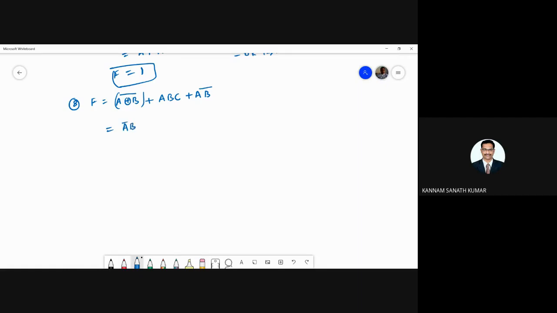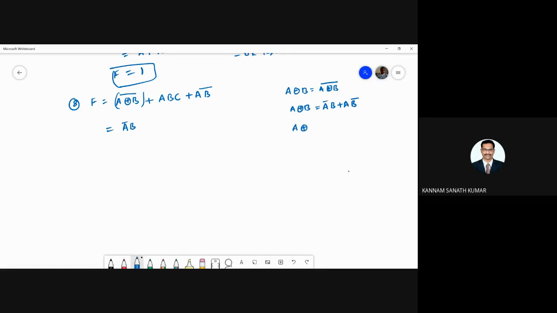So A XOR B, how you can write A XOR B whole complement. So that means complement of XOR is nothing but XNOR. So what is A XOR B? A XOR B equal to A bar B plus AB bar. So this is the given expression for A XOR B.